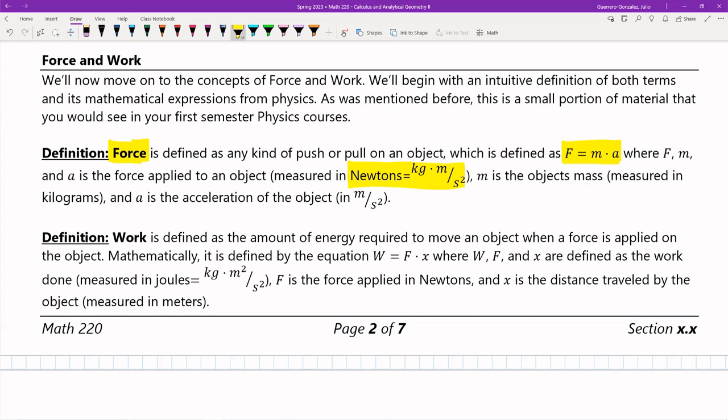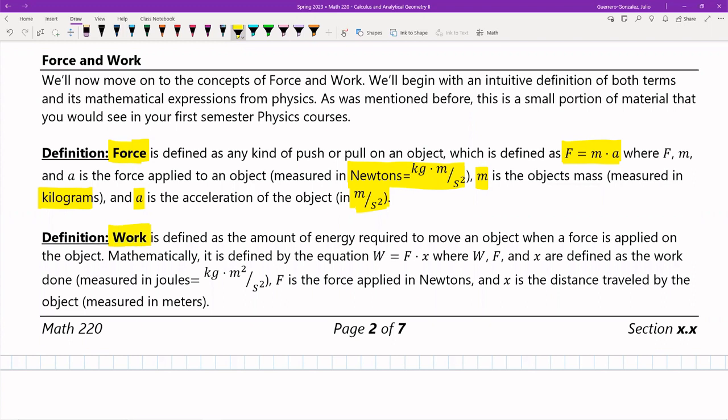The m is the mass of the object, measured in kilograms. And the a is the acceleration measured in meters per second squared. So that is, at least for now, the mathematical explanation for force. Now, let's get into work.